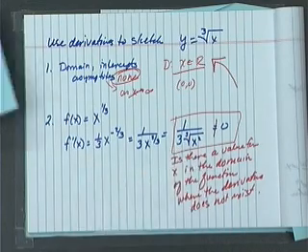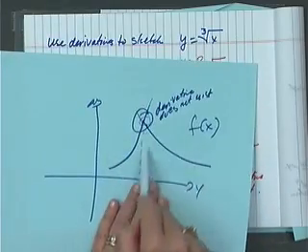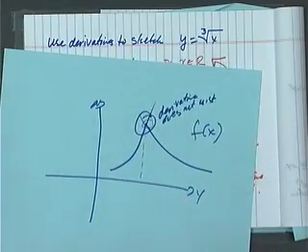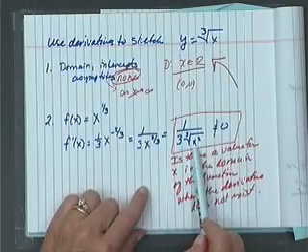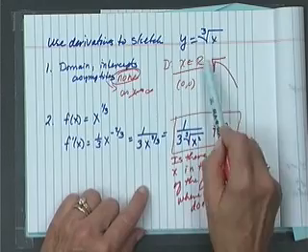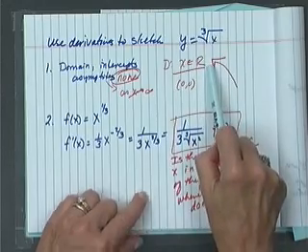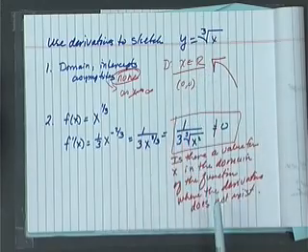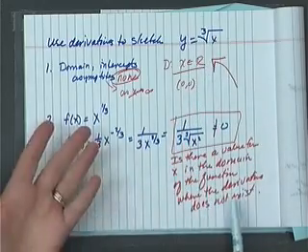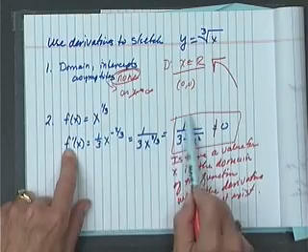So then I ask myself, because we all understand about derivatives not existing at a sharp point, corner, or vertical tangent, is there a value for x that is in the domain of my function? Because I'm looking for a point on the curve, I had to go to my original function. Is there a place where this derivative does not exist?